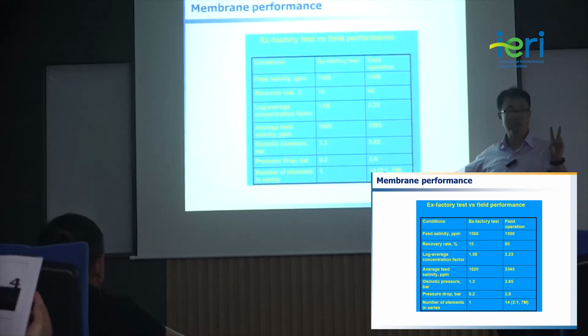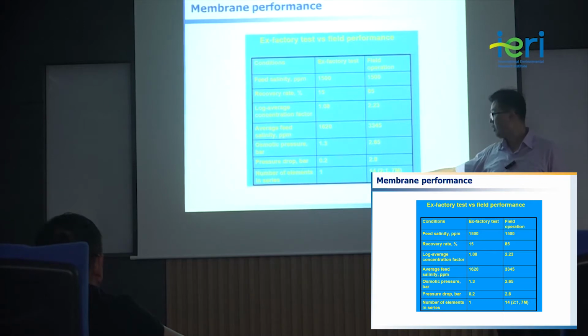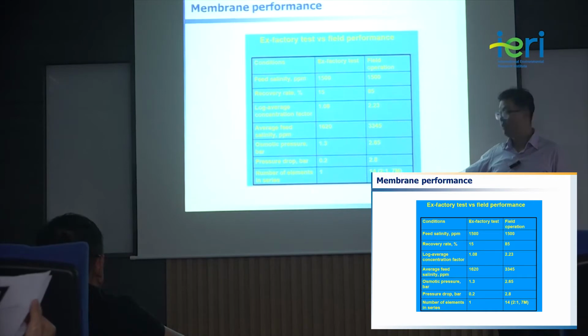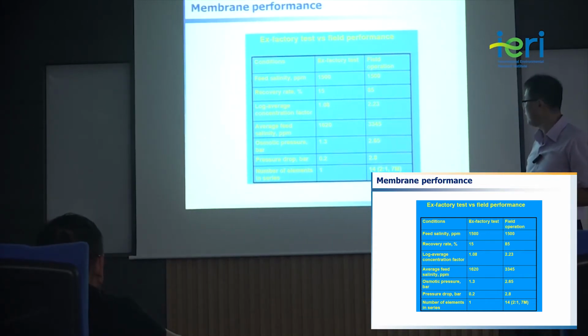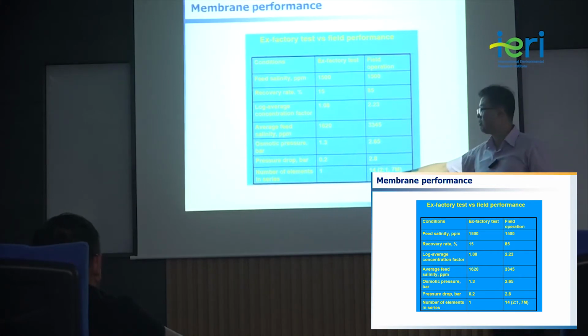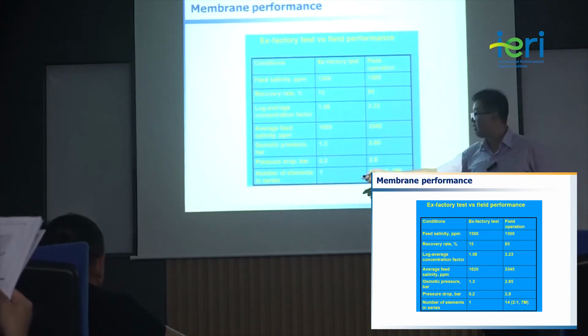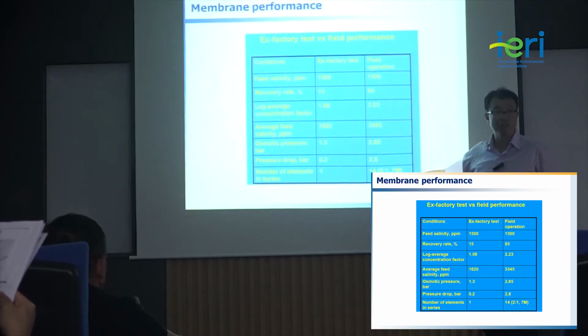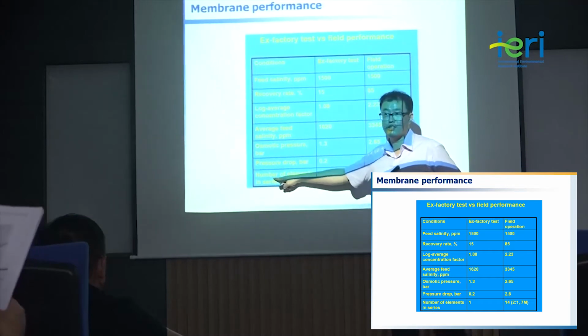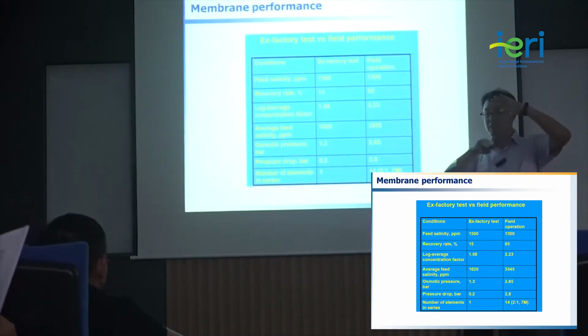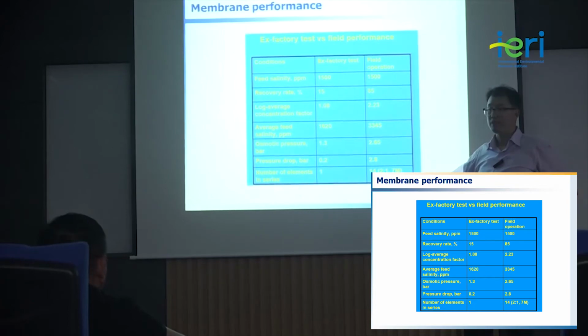That means a 2-stage system, with 2 vessels in the first stage and 1 vessel in the second stage. And 7M means 7 membrane modules in 1 vessel. So the actual number of membrane elements or modules is 21. This is just the number of elements in series, 14 in series, but the actual number is 21.